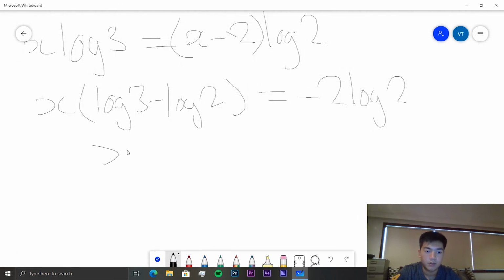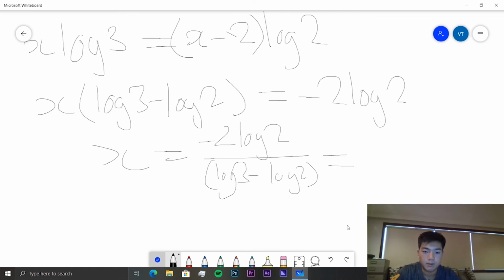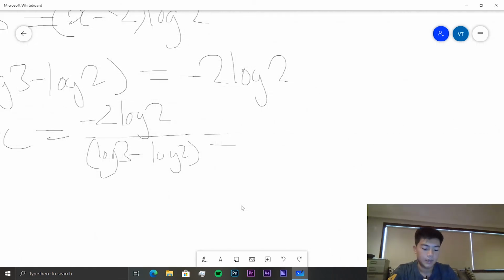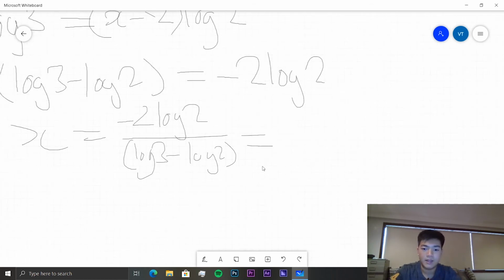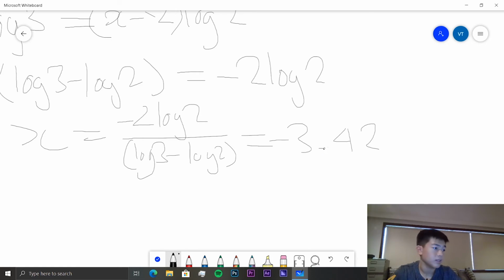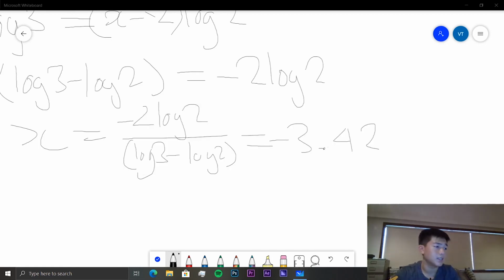So x is equal to negative 2 log 2 divided by (log 3 minus log 2). So I'm getting negative 3.42. And I think that should be a correct answer. Let's just check. Yeah, that's one of the correct answers.